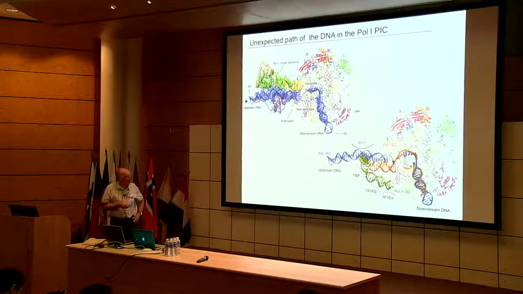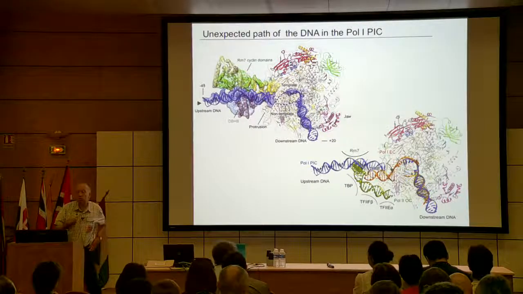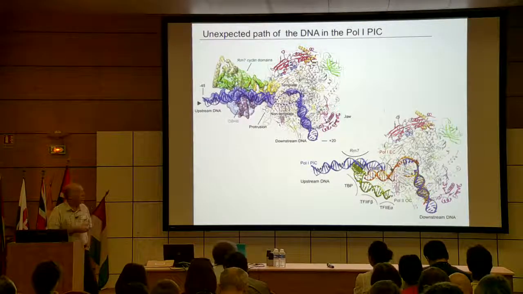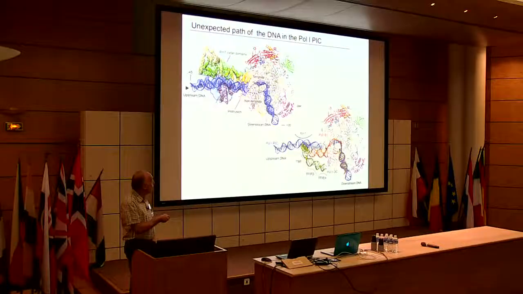If you compare the course of the DNA between the pol 1 PIC and the pol 2 open complex, as observed in a pol 2 pre-initiation complex, you see that in pol 2, the DNA runs much further outside, and it does so because TF2B is bound in this position. So it really runs outside and has to go quite some way to get into the active site.